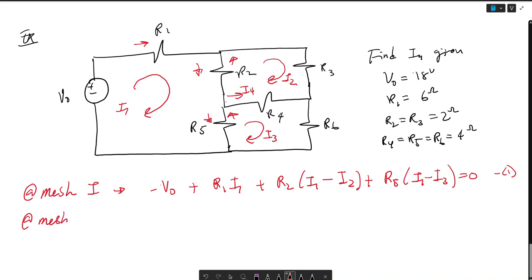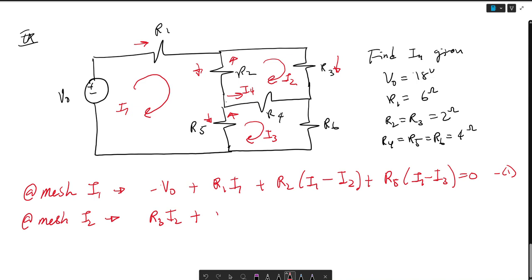At mesh I2, I can write that this is R3, because it's going into my I3 times I2. There's nothing opposing it, so it's just I2.